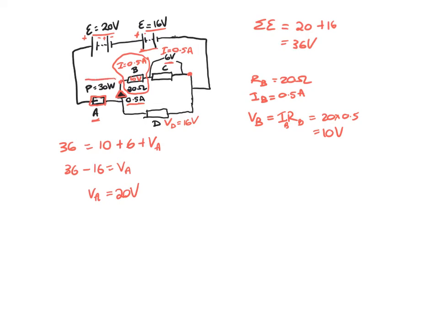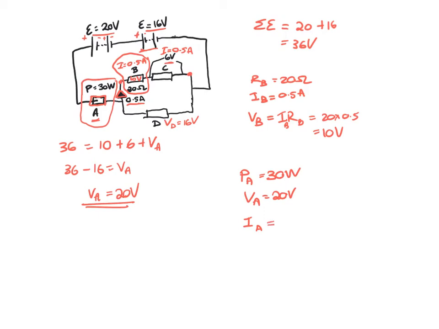We already saw here that the power of resistor A is 30 watts. The potential difference across it, we calculated as 20 volts. That means I can calculate the current through A, which will help me calculate the resistance. There's two ways of doing it. You can use either equation.